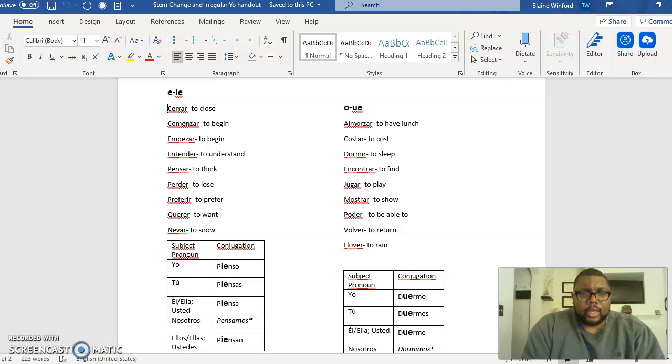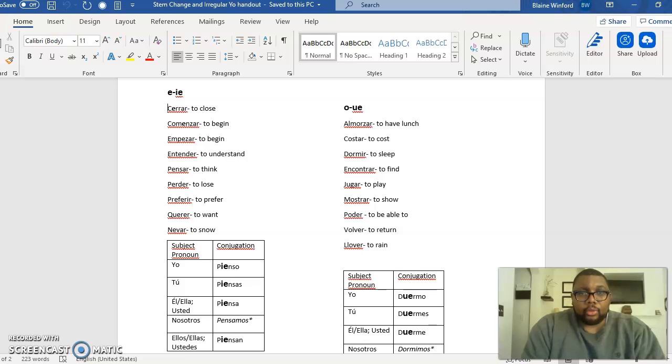So for example, if you have a two-syllable word like cerrar, that E in cerrar is where you're going to find your stem change. If you had a three-syllable word like comenzar, well, that stem change is going to occur on the second syllable because it's the next to last syllable.